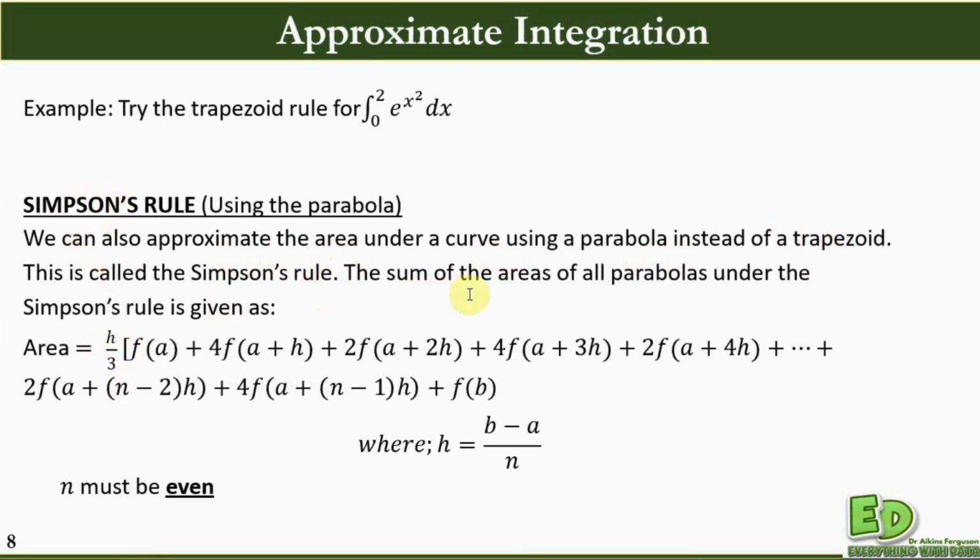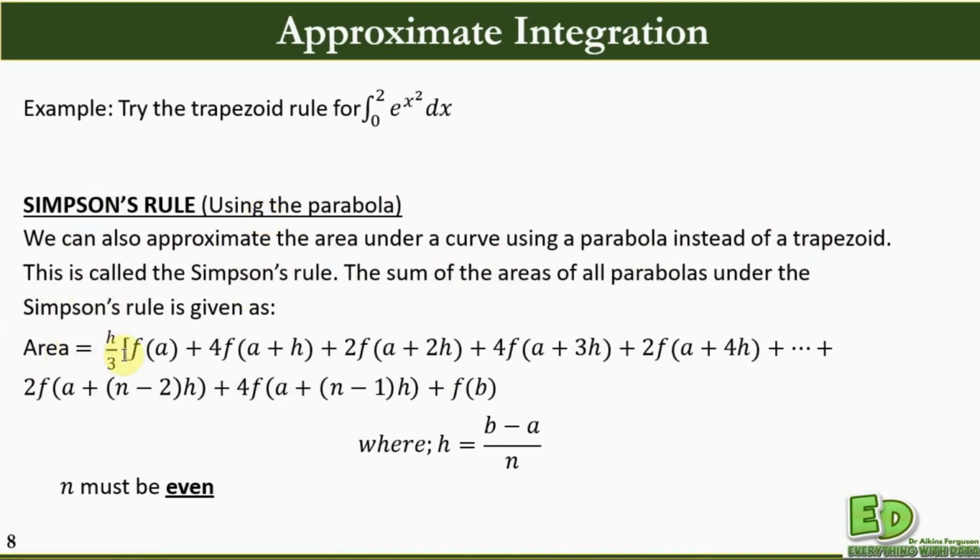The sum of the areas of all parabolas under Simpson's rule is given by a rule that also has a coefficient pattern.